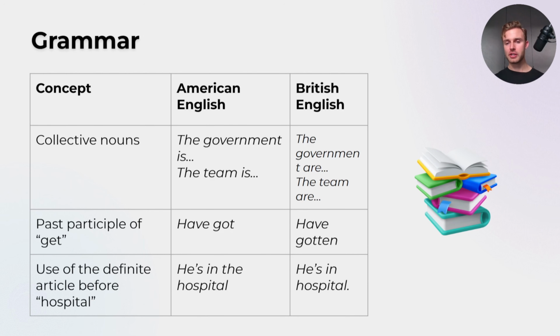Now, in British English, they might say he's in the hospital, but that has a different meaning. It means that he's physically in a specific building of the hospital. But if you're saying somebody is in hospital, they've been hospitalized, they injured themselves, they had to go to the hospital.